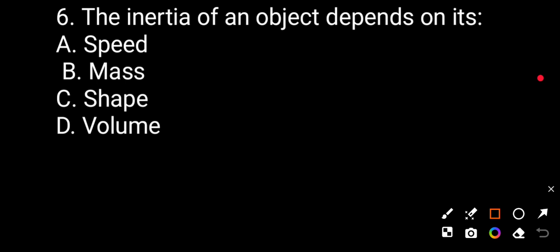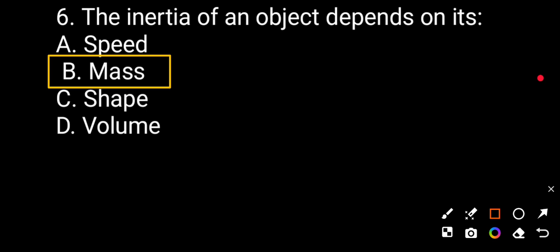Question number 6. The inertia of an object depends on its option A speed, option B mass, option C shape, option D volume. The correct answer will be B. Inertia of an object depends on its mass.